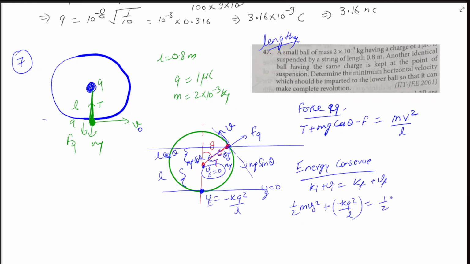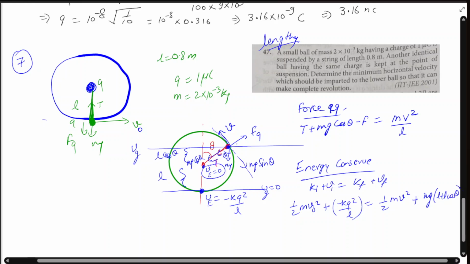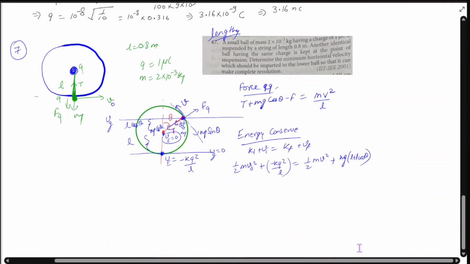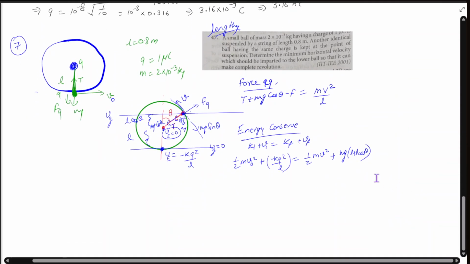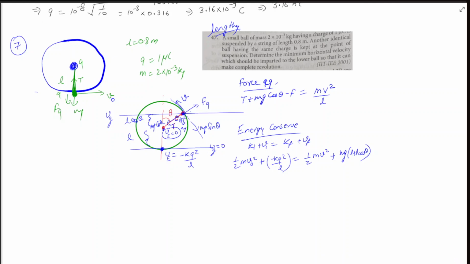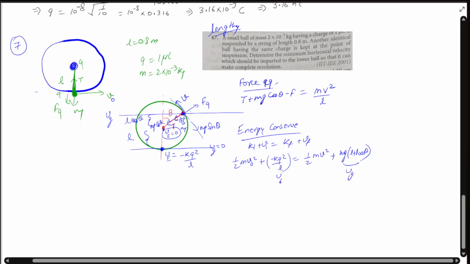Final kinetic energy will be half mv square plus final potential energy here. So Ug will be what? Ug will be mg times L plus L cos theta, right? And this is Ug, this is Ue.